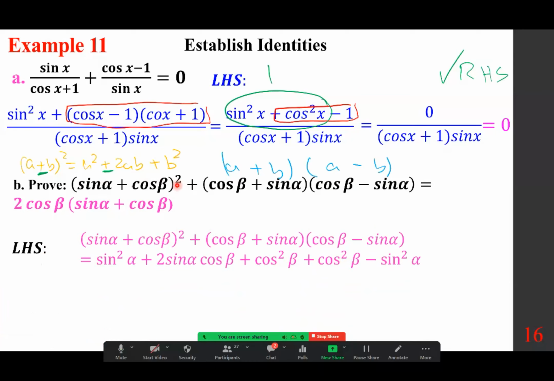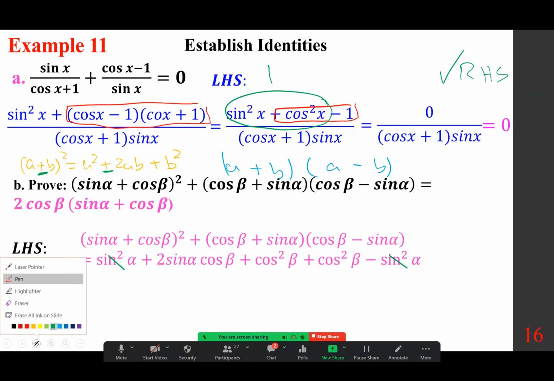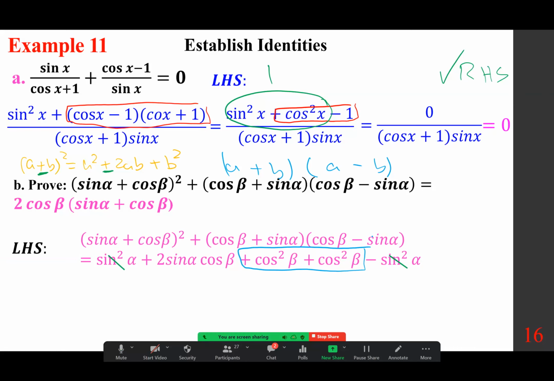Again, raise this to the power of 2, multiply this 2. This is what we get. And all we have to do now is simplify. So notice sine squared and negative sine squared are there. They cancel each other. So we have this, plus 2 of those.